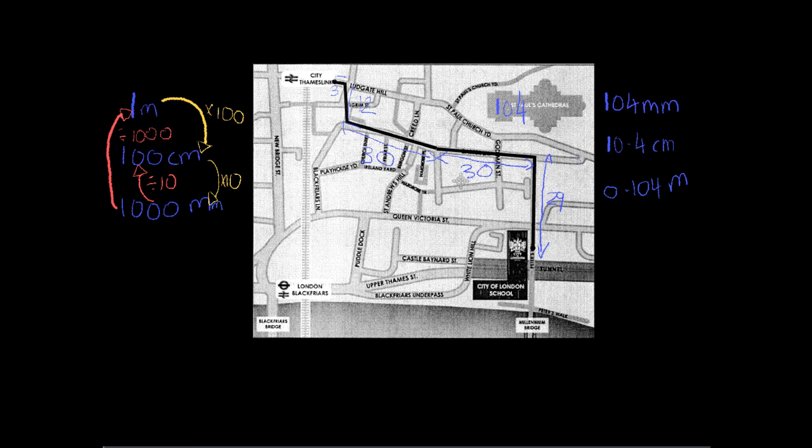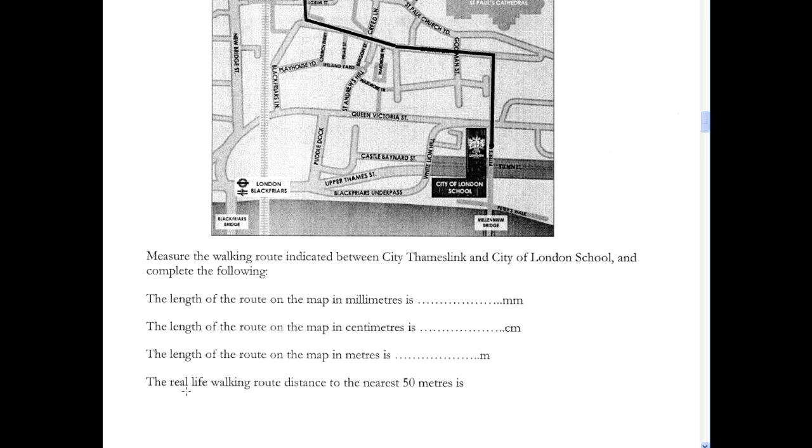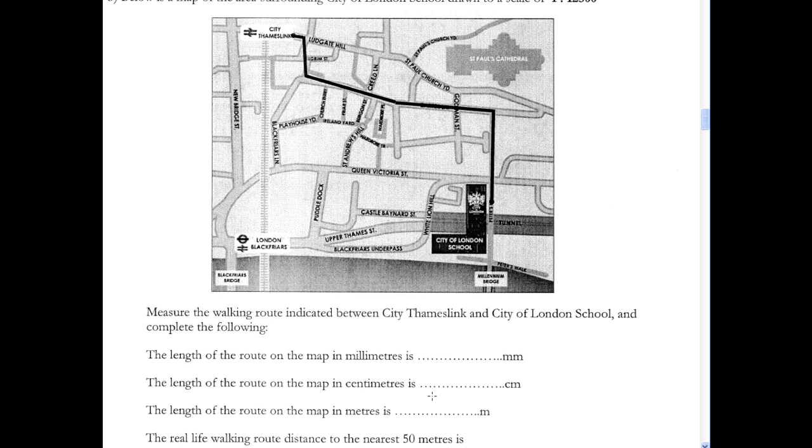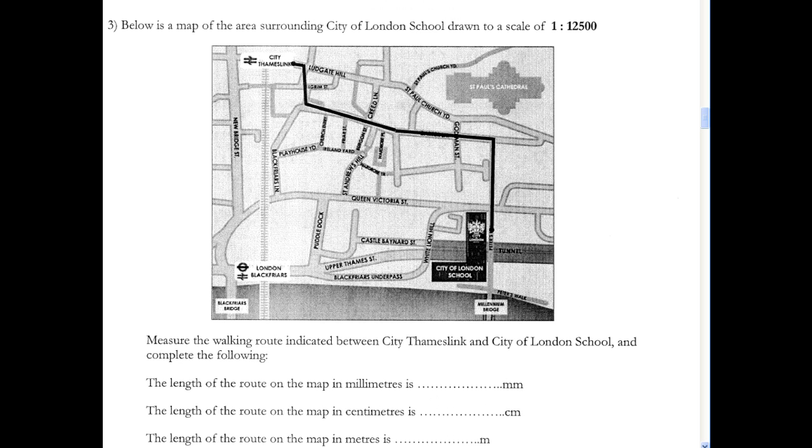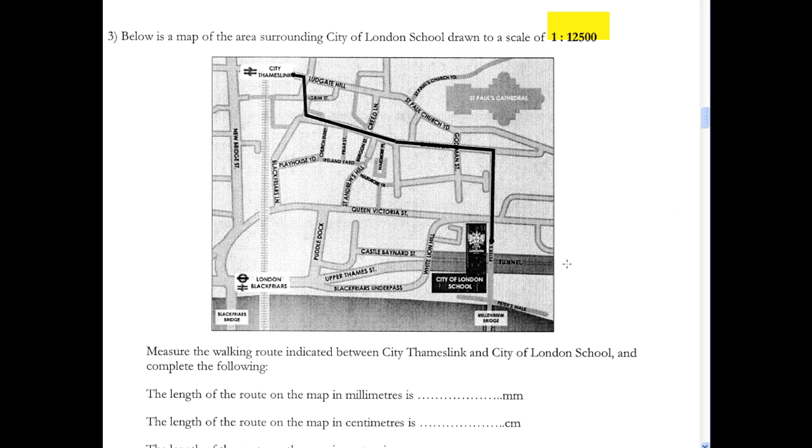Now going to the next part of the question, which is usually the toughest for most students, is the real life walking route distance to the nearest 50 meters. Now, to answer this question, you need to understand the relationship between 1 millimeter on the map and the number of millimeters in actual life.